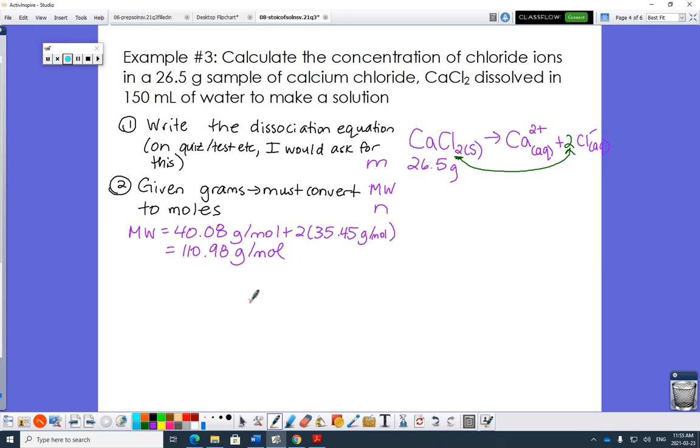Maybe you like the chart, you can write it right in the chart. Same thing with the moles. When you use this, it was just mass over molar mass gives you moles, or you can write it out.